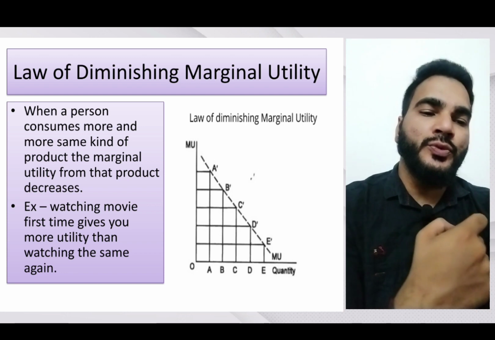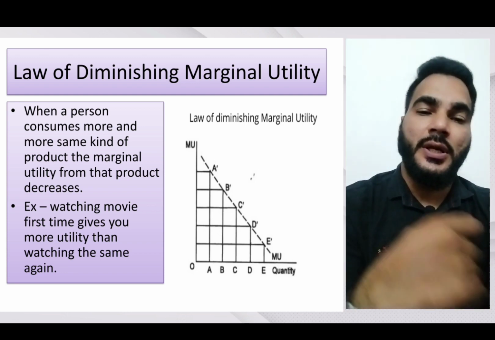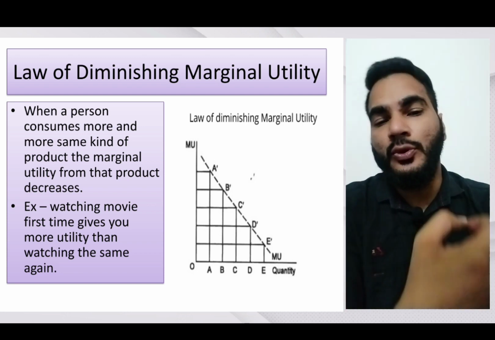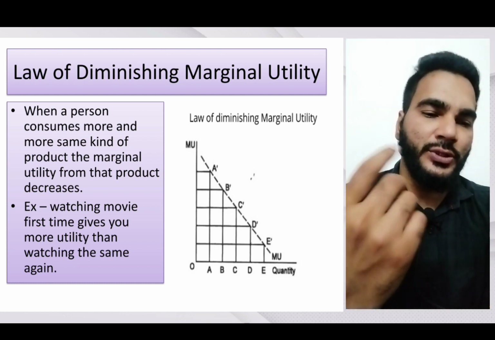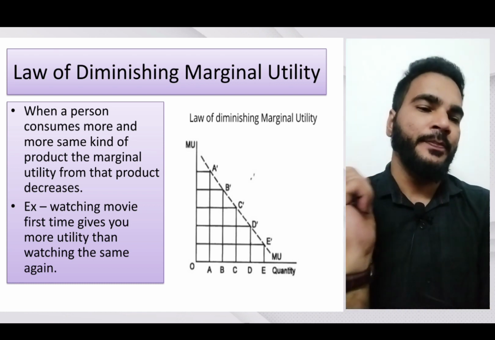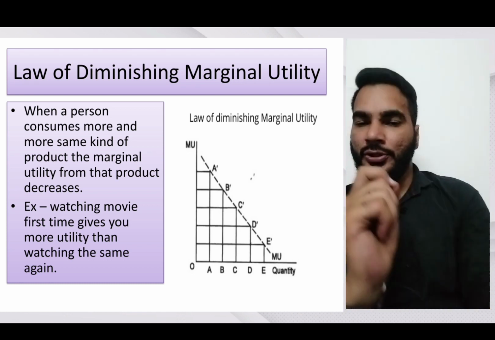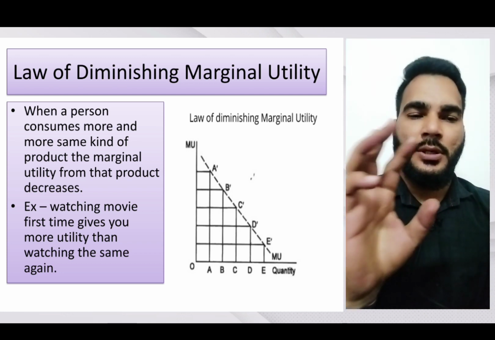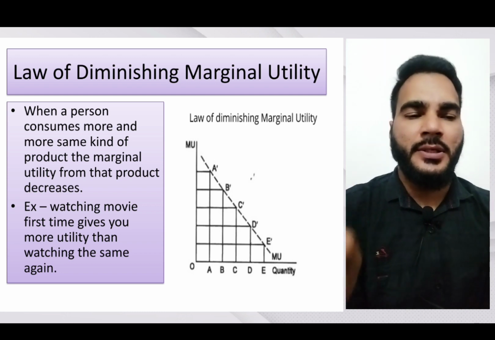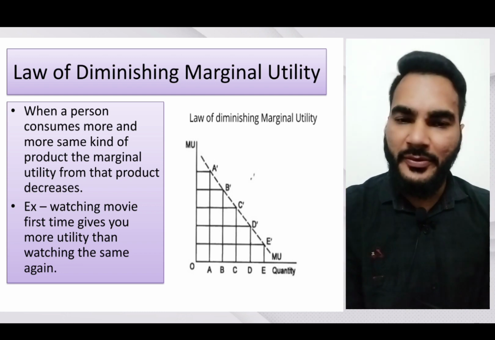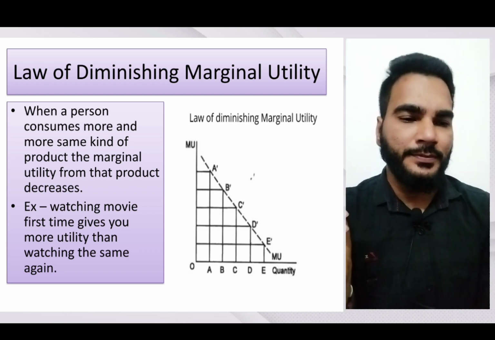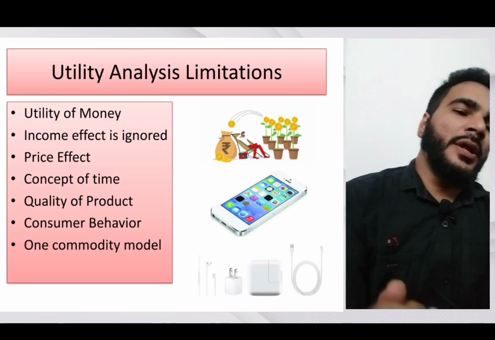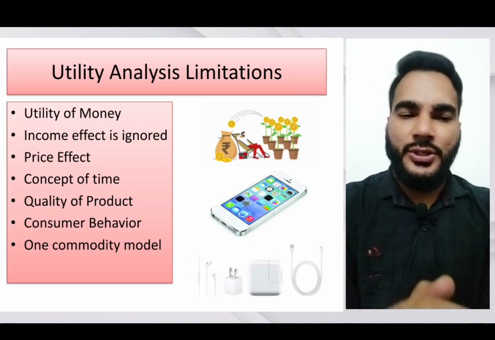But if you consume it the whole day or for 1 or 2 days continuously, it will give you less satisfaction than the first time. This is marginal utility. You need to take care about the curve as well. As you can see, the law of diminishing utility and the law of demand curves are actually the same.